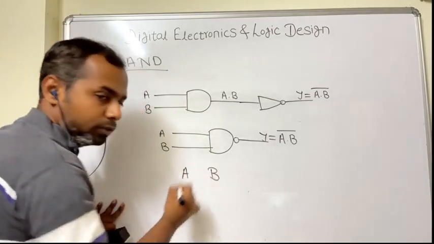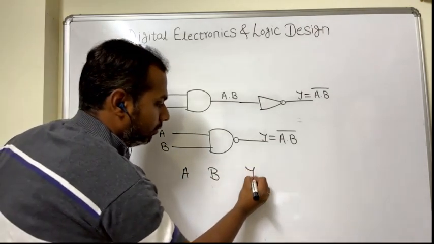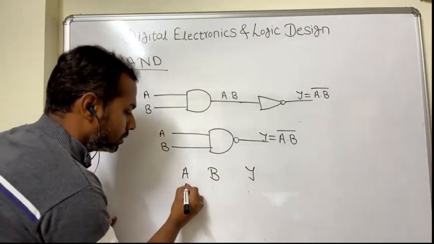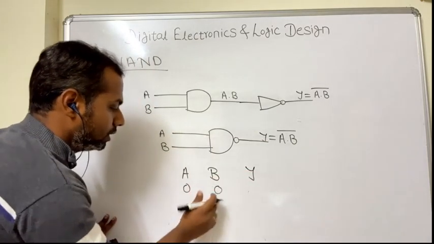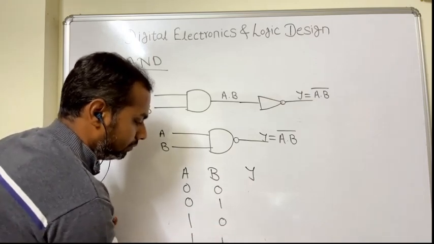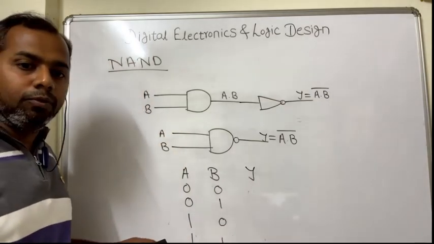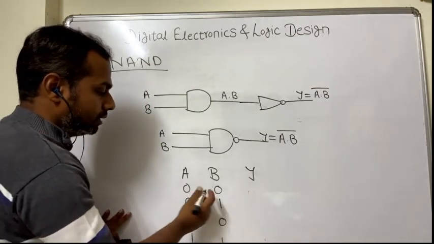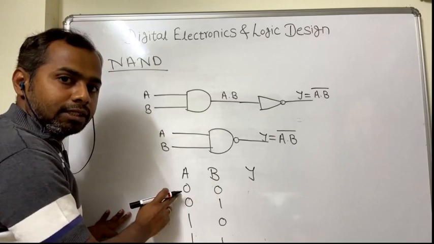for two inputs A and B, we will write down the output. Again, two inputs, four possible combinations: 0 0, 0 1, 1 0, 1 1. So for these two inputs we will have outputs. What is AND operation of 0 0?